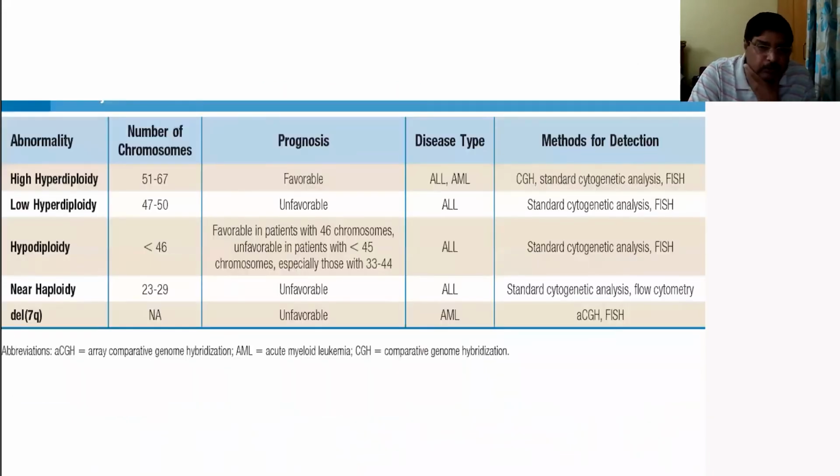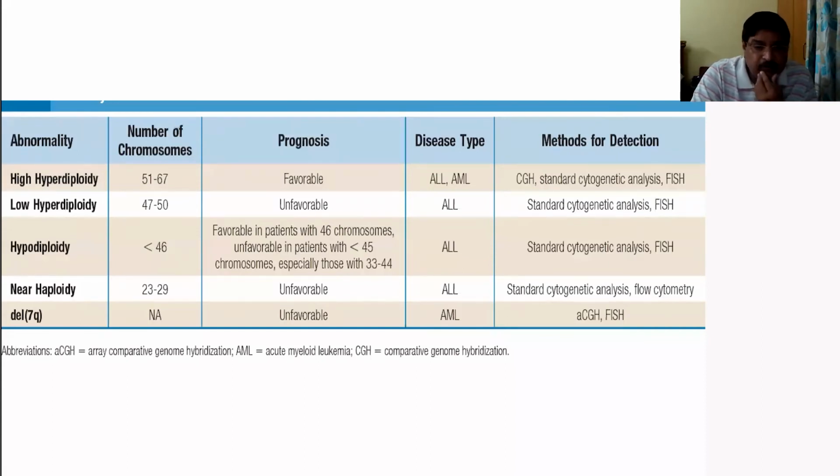So I mentioned hyperdiploidy and hypodiploidy. This is the single most important factor that can risk stratify precursor B-cell acute lymphoblastic leukemia. You have high hyperdiploid and low hyperdiploid, where the chromosome numbers are more than 46. Hypodiploid chromosome numbers are less than 46.